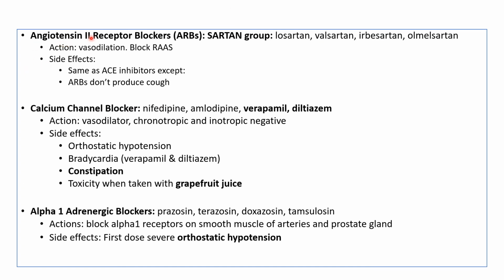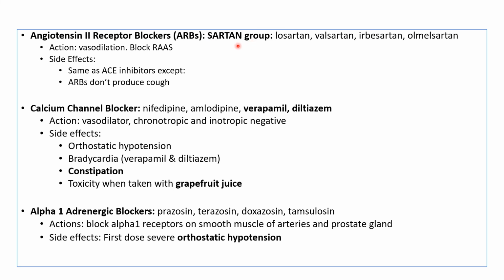The angiotensin II receptor blockers, or ARBs, are the same as the ACE inhibitors. The only difference is that instead of blocking the ACE enzyme, they directly block the receptor of angiotensin II, both in the arteries and the adrenal glands, inhibiting the vasoconstrictive action of angiotensin II and inhibiting the release of aldosterone.